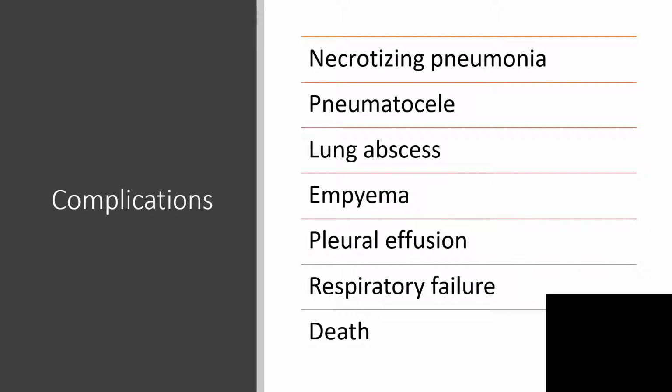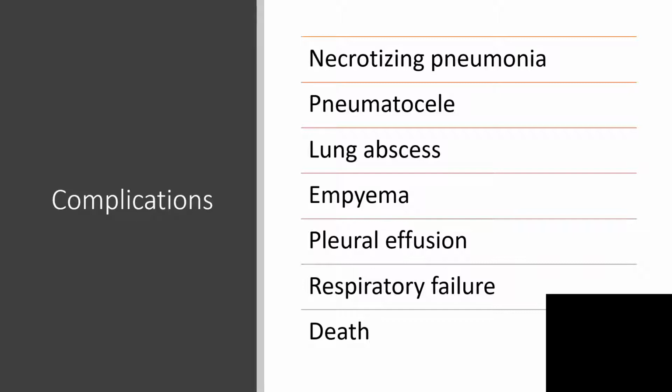What are the possible complications here? Necrotizing pneumonia, hematocele, lung abscess, empyema, pleural effusion, respiratory failure, or death. That's why it's important to present on time to the good center, no self-medication, present on time, let everything be done on time, and you have your child.